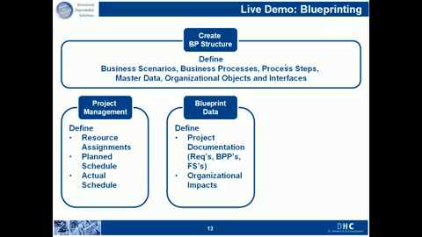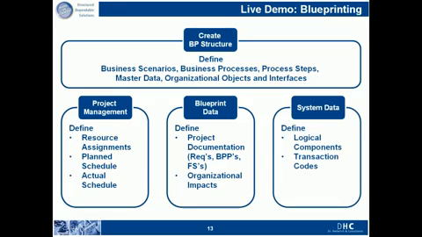For example, it is possible to define project documentation, for example, requirements documents, business process procedures or functional specifications, and it's also possible to define the organizational impacts. You need to define system data as well. For example, which transaction codes are going to be used to execute a specific process or business scenario.